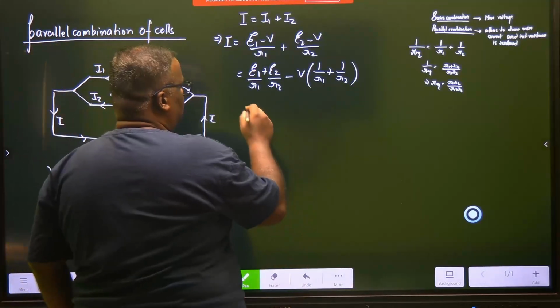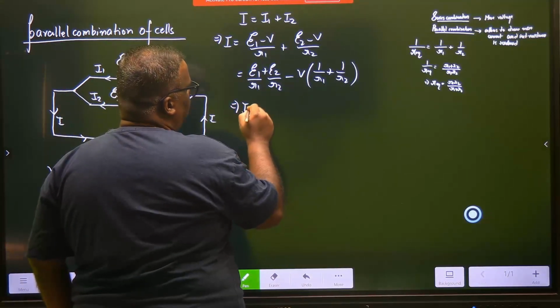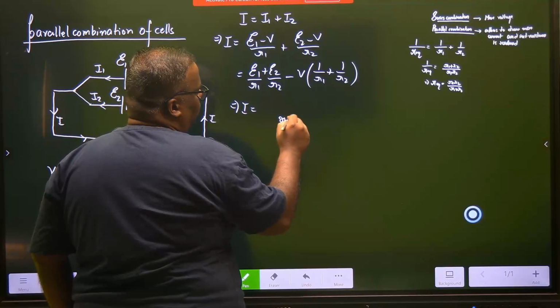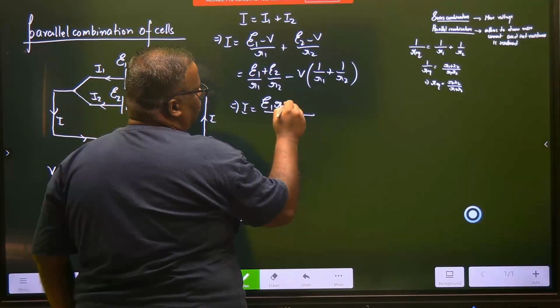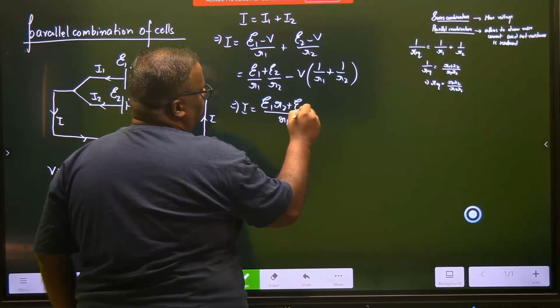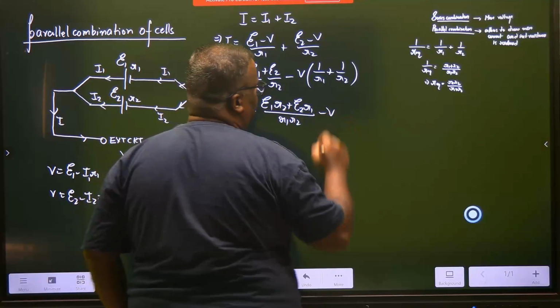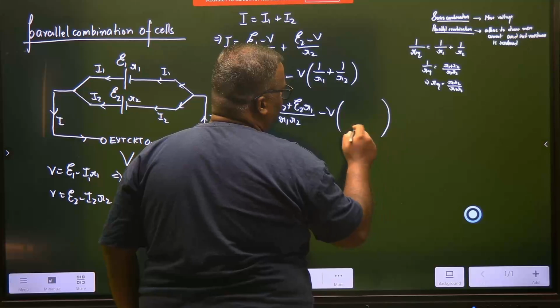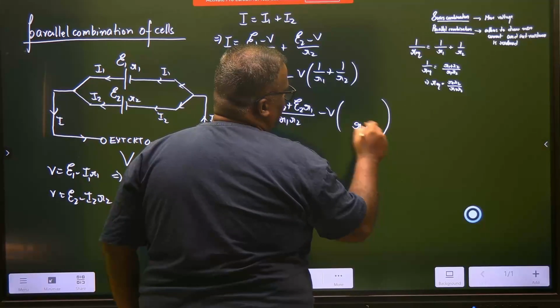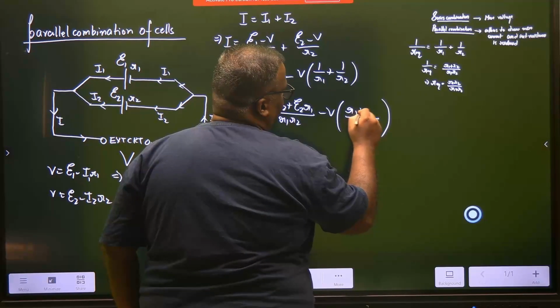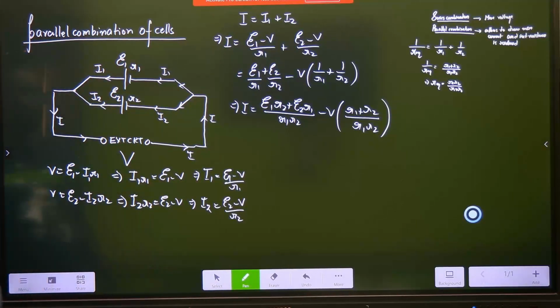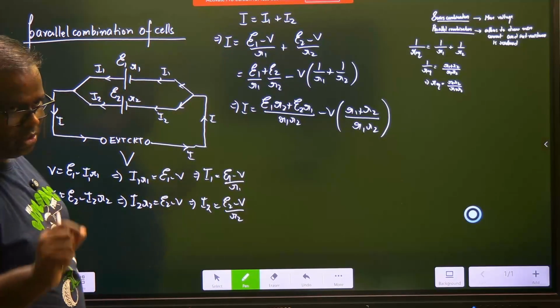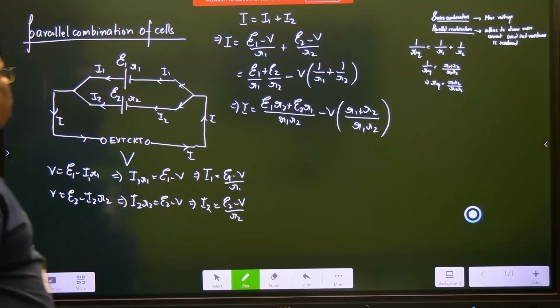If I look here, so these are all the values of I is equal to R1 R2. Now this becomes E1 R2 plus E2 R1 minus V, and look how V becomes R1 R2 into R1 plus R2, right? So we are trying to find out what? We are trying to find out the equivalent EMF of this combination.